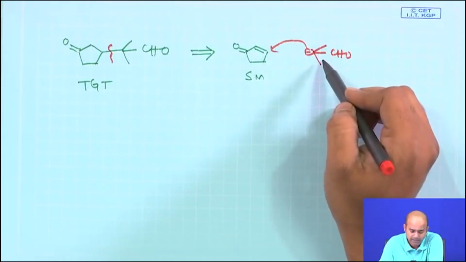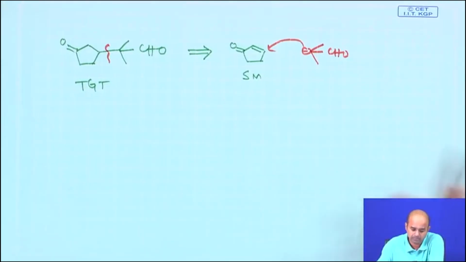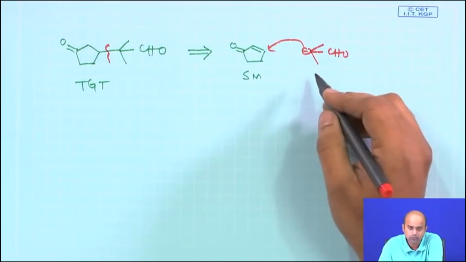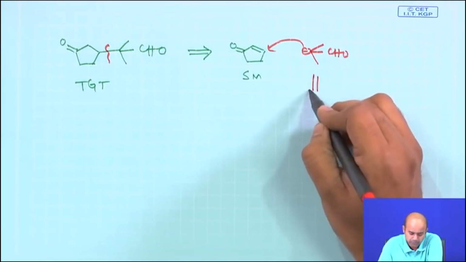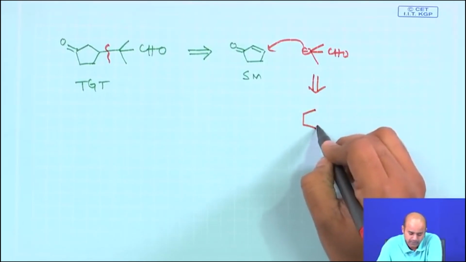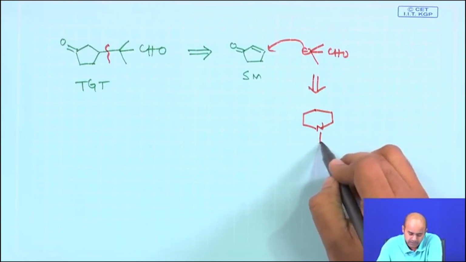But in reality, this anion you probably will not get. I mean, you can think about this kind of anion, but how do you access it? Then a unique transformation named enamine alkylation will come into the picture.